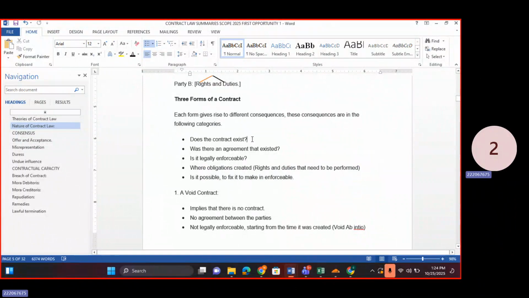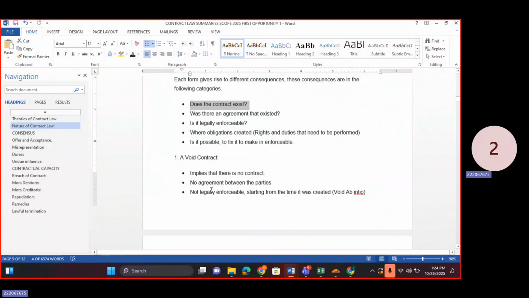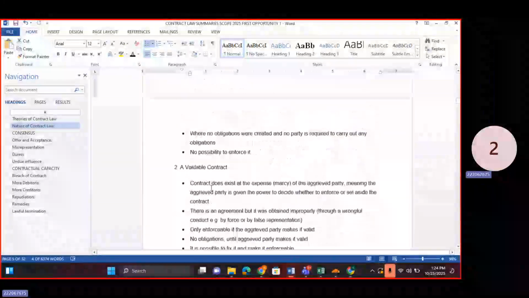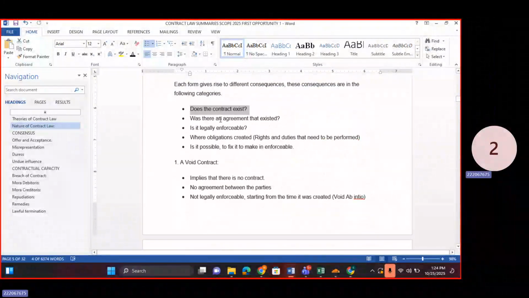So first of all, each state talks on, does the contract exist? Is there an existence of contract? Yes or no? Was there an agreement that existed? Number one, did the parties agree on something? Did the parties reach consensus, which is the second question?